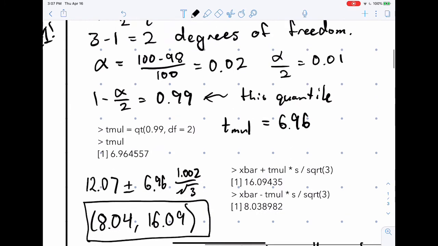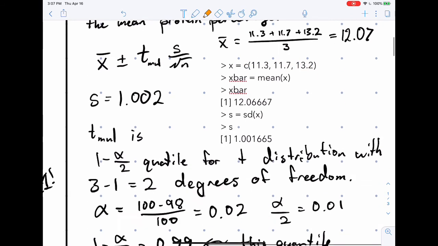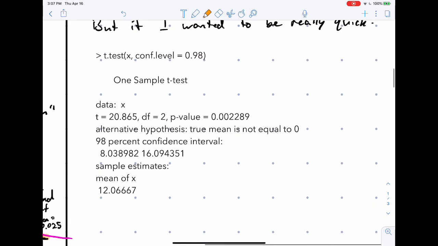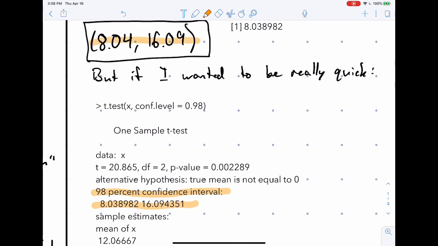Remember that we entered x right up here, where we defined what x is. If you have your data in a variable in R already, it's really easy to do this kind of thing. We find a 98% confidence interval, and it just prints it out for us. It's 8.04 to 16.09, which, lo and behold, is the same thing that we calculated here. So that means we did it all right, and we're all good.